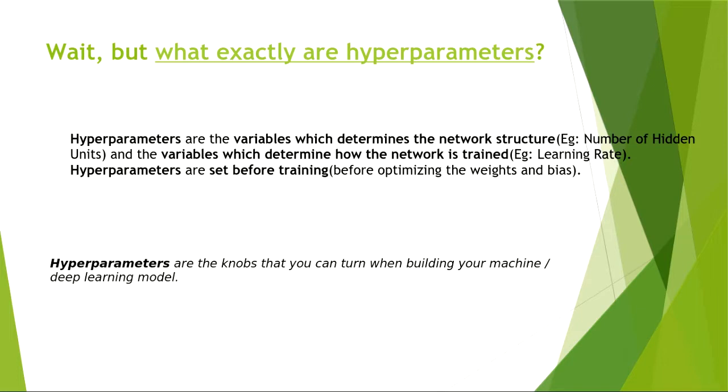You are making it in a controlled environment. So that is the concept of hyperparameters. They are called the knobs, which are very useful for building your models, or rather I would say deep learning models.